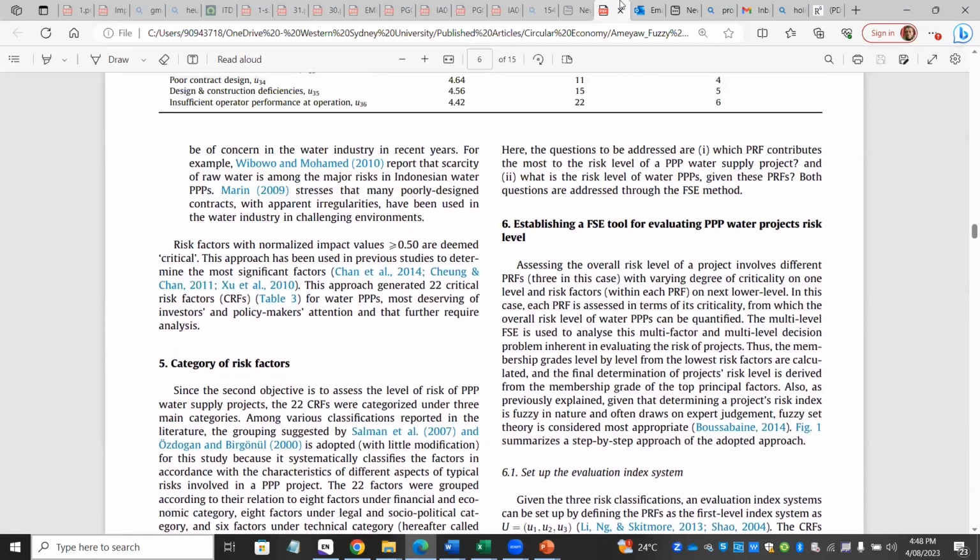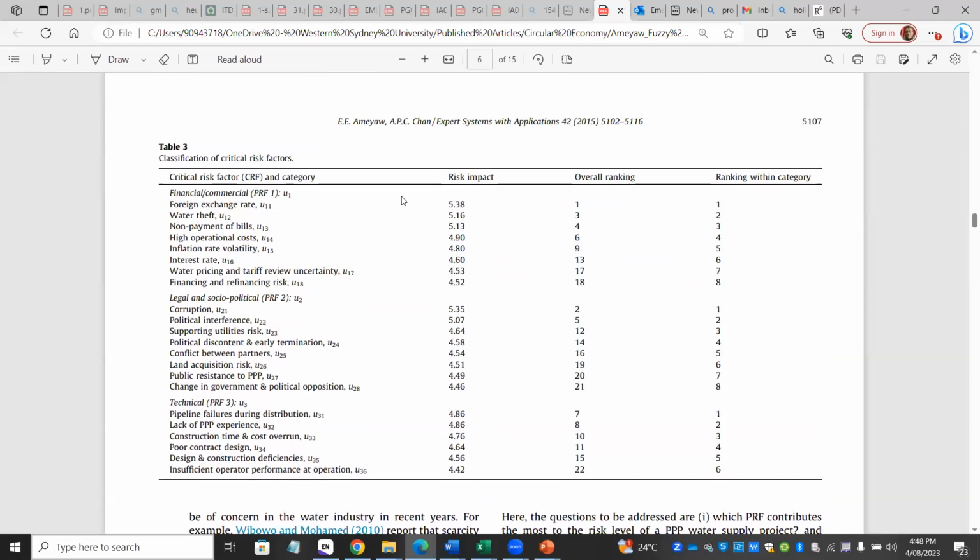So we know the categories, and they have presented them here. This is how they were presented. Okay. So these are the risk impacts, which I call the risk score. And then the overall ranking.